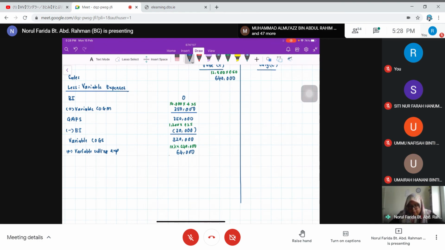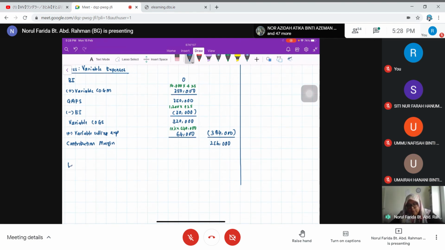Okay. Tambah. So 320 campur 64, you dapat 384. Tolak variable expenses. So 640 tolak 384, dia adalah 256. Yang ini kita panggil sebagai contribution margin.